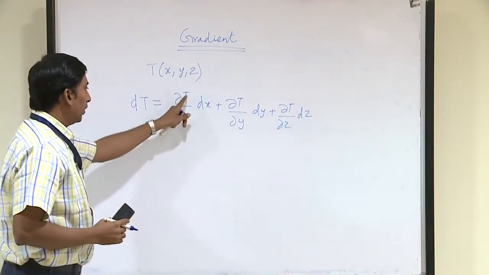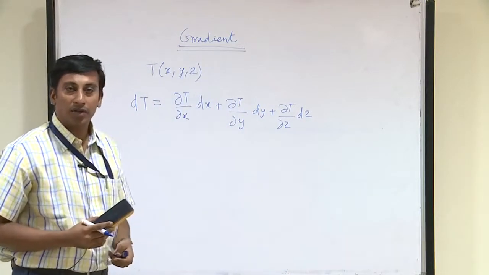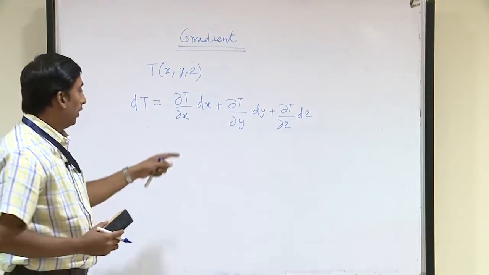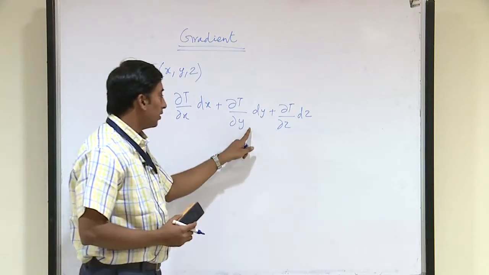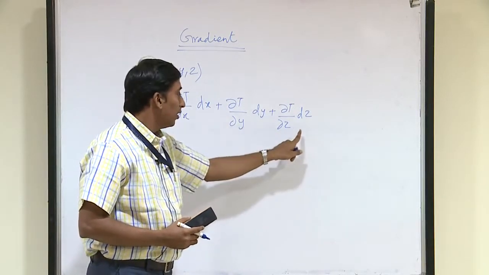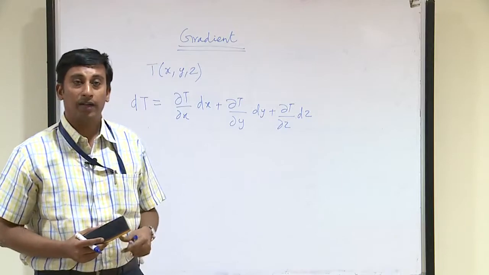Obviously, here it's a partial derivative, so when you are evaluating the derivative with respect to x, y and z are kept constant. In this case, x and z are kept constant, as well as here x and y are kept constant.